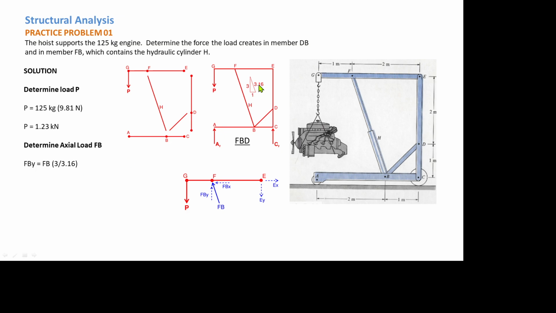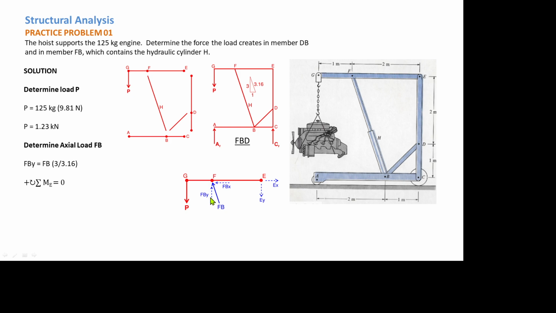So this is actually the slope of this member. We have 1 meter and 3 meters. This one here, from here to there, 3 meters. So if we sum up moment at E equal to 0, assuming that the frame is at rest, and if we sum up forces along Y, we have 2 unknowns here.